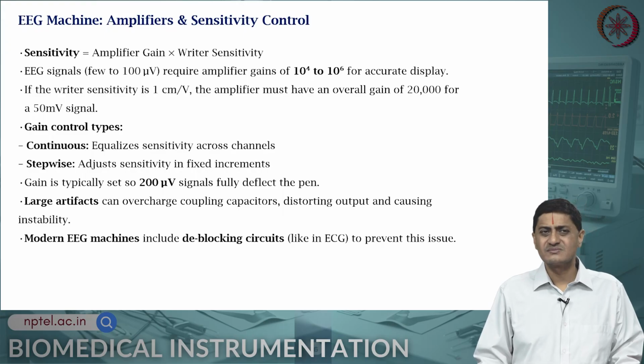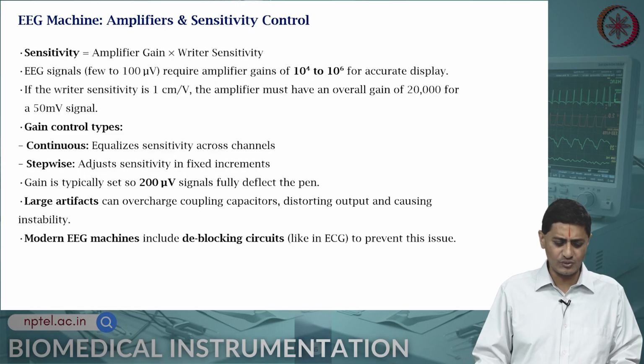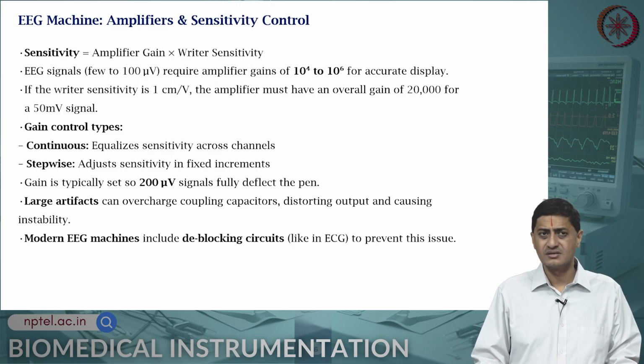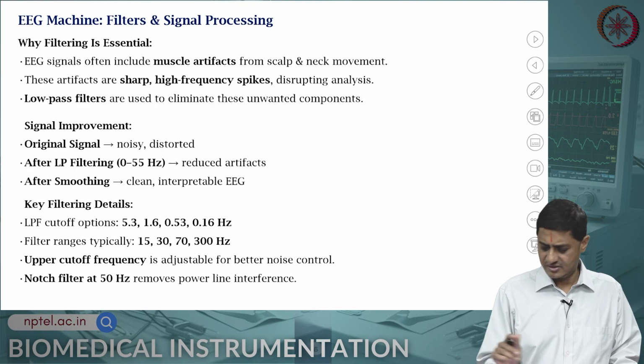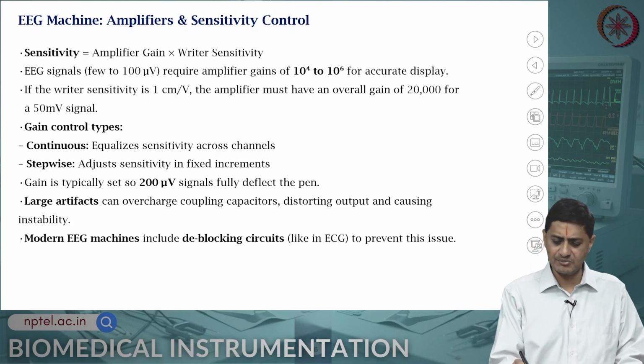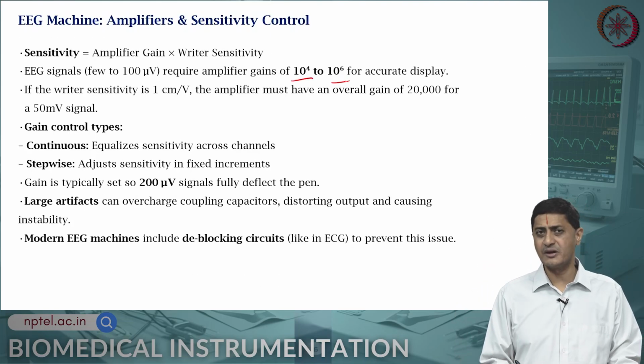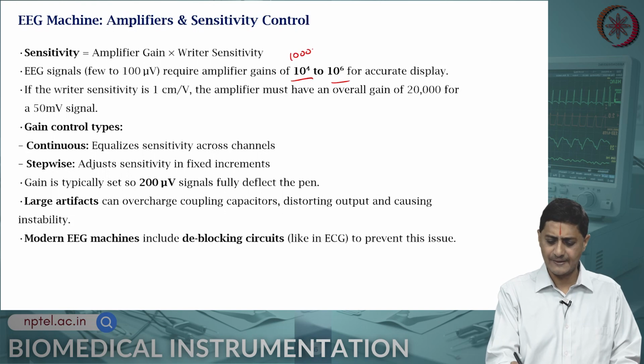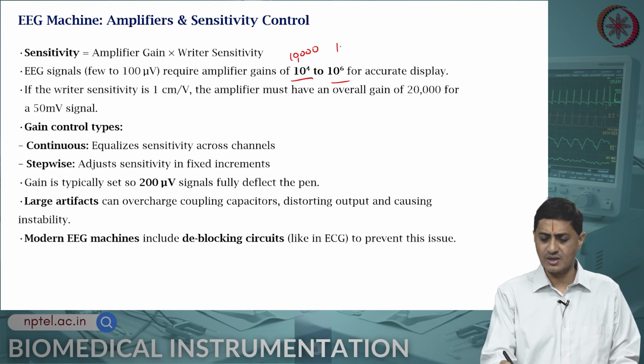EEG signals usually have from units of microvolts to hundreds of microvolts, require gains of 10 power 4 to 10 power 6 for accurate display. 10 power 4 means 10,000, 10 power 6 means 1 million.